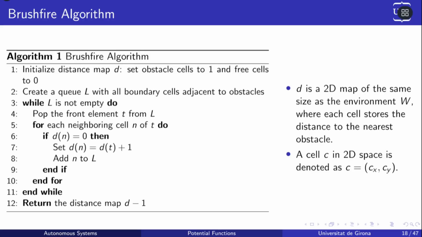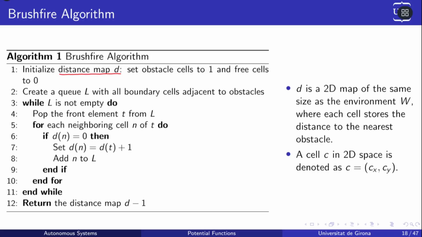The idea here is we want to generate this distance map, for each configuration, for each cell in this 2D grid. We always try to make the algorithms as generic as possible, and I try to explain it in this more generic way, which is the one that you are going to implement. For each specific cell in a grid map, we want to know the distance to the closest obstacle.